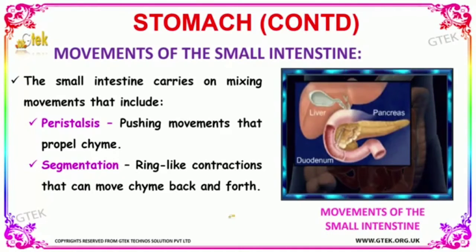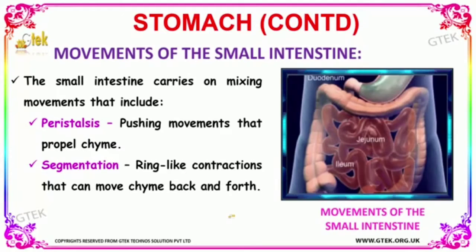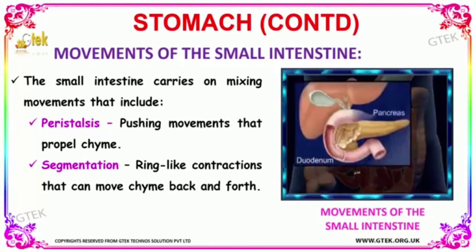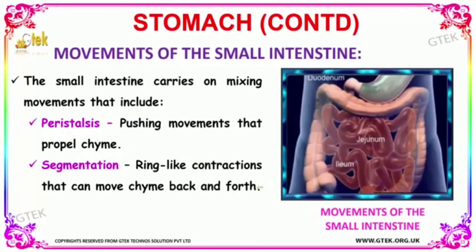So this is how the small intestine helps in digestion and movement. Here you can see that peristalsis is nothing but the alternate contraction and expansion which moves the chyme inside your small intestine. Segmentation is ring-like contraction which moves the chyme back and forth.